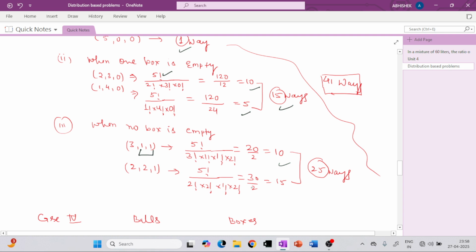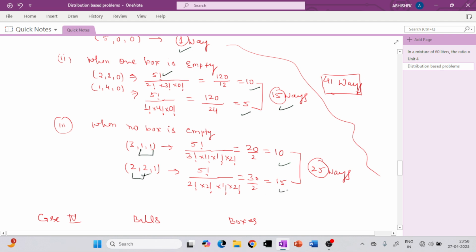Clear? Similarly, for 221, 5 balls can be arranged in 5 factorial ways, and for 2 balls in one box, their order must be removed, 2 factorial. Similarly for the second box, 2 factorial, 1 factorial, and divide by 2 factorial. Why? Again, the two boxes will look the same.